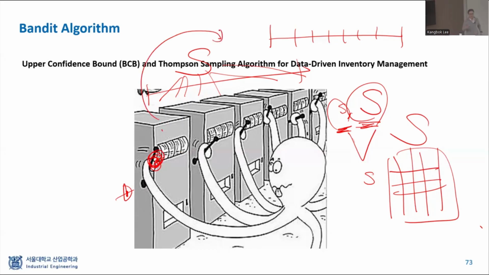In other words, if you do another experiment, your result of the previous one doesn't have any impact on your current position. However, if you run an inventory problem, your decision in this period of S equals 100 would impact your next period inventory position. So they are interrelated. So you cannot separate it as an independent problem.